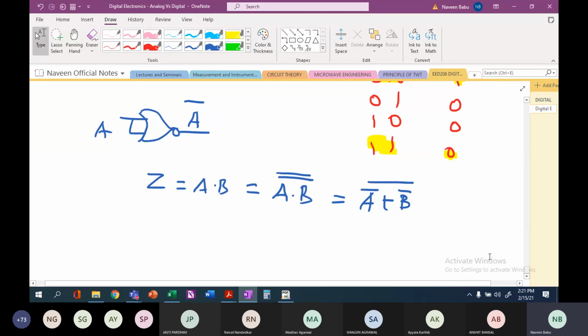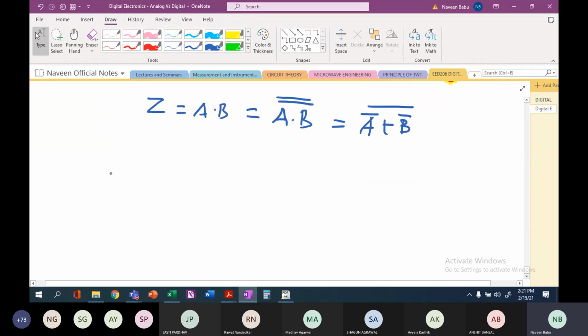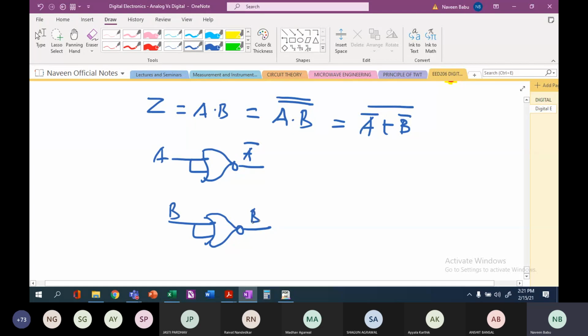So the same implementation can be done as A bar can be written like this, A bar. Similarly, B bar can be written as this to be B bar. This output will become A bar plus B bar and the not output. Okay. Any doubt here?